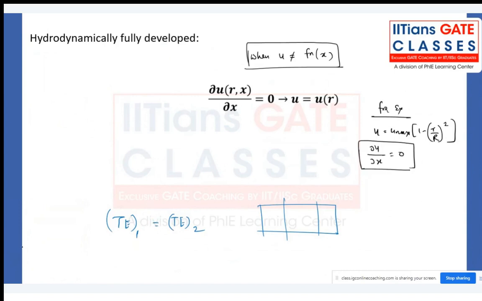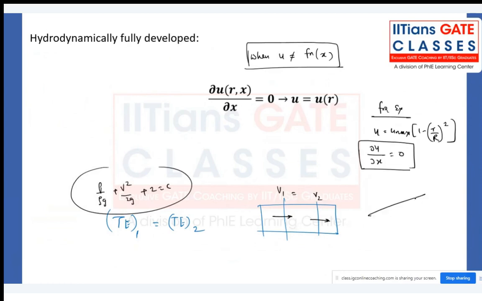How is the flow happening? What do you think? As the diameter is not changing, the velocity will remain the same. Then how is the flow happening? Total energy is P/ρg plus v²/2g plus z equal to constant. There is no variation of height; the pipe is horizontal, so z is gone. v is not there.